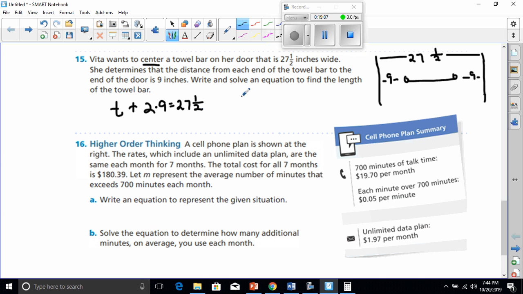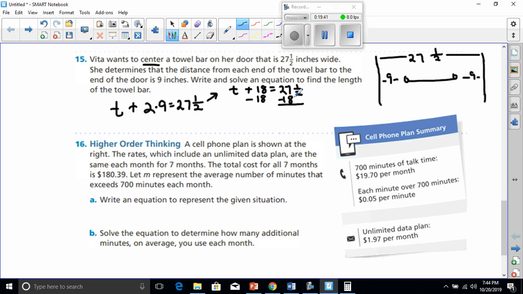Oh boy. Okay, so if I was to multiply these together, this would turn into t plus, well, 2 times 9 is 18, equals 27.5. Now I have to subtract 18 to get rid of it, which means I subtract 18 over here.